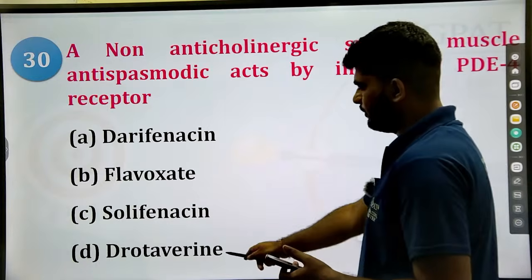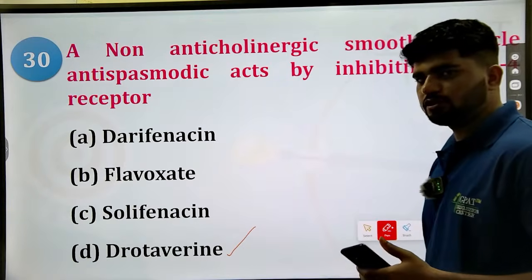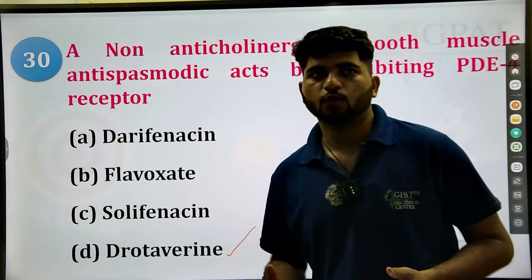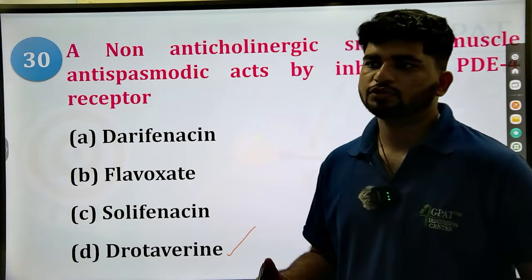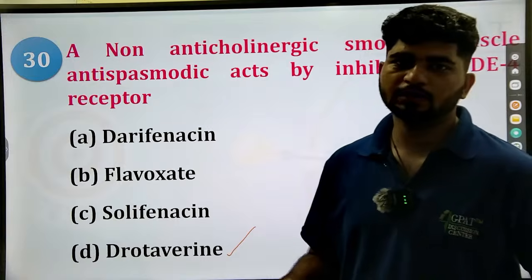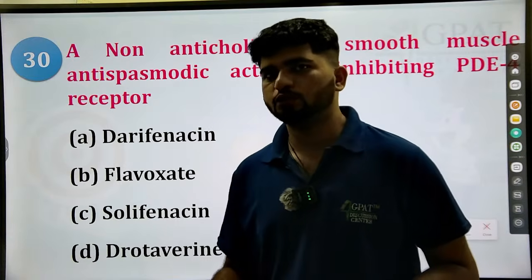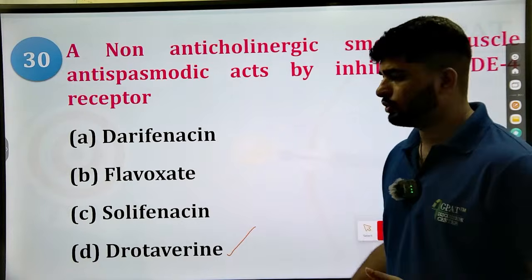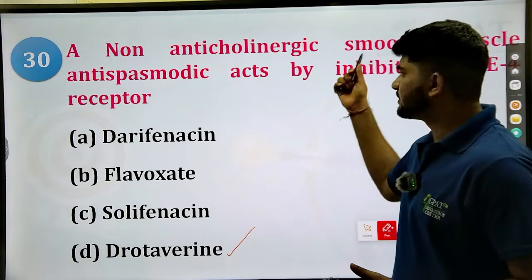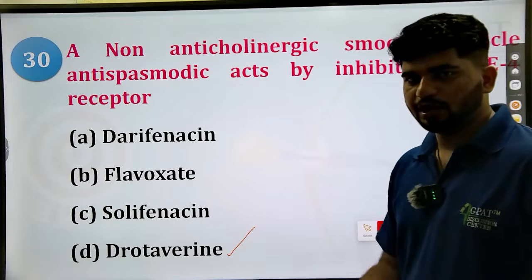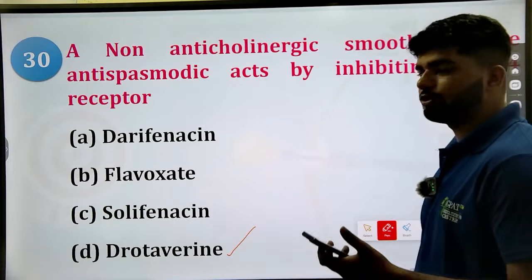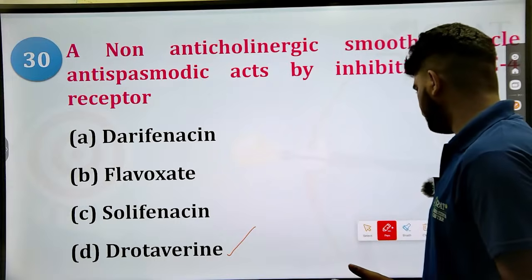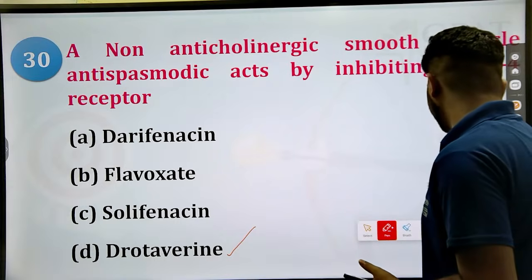That is definitely your drotaverine. It is also useful in menstrual cramps when the menstrual cycle is going on. Women feel cramps, and in the uterus you have smooth muscles, so to reduce the contraction of smooth muscles, drotaverine is used.